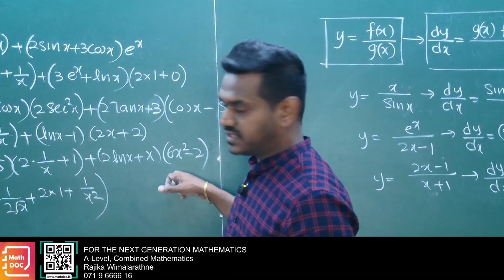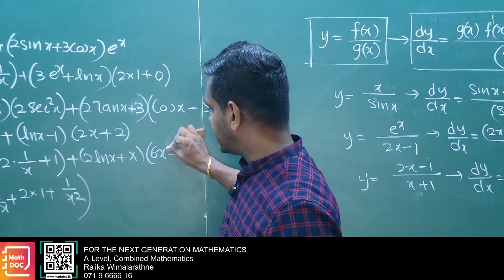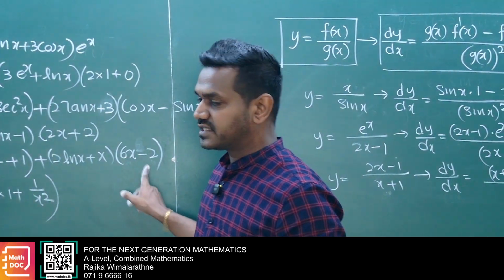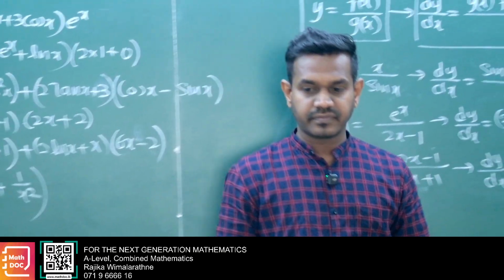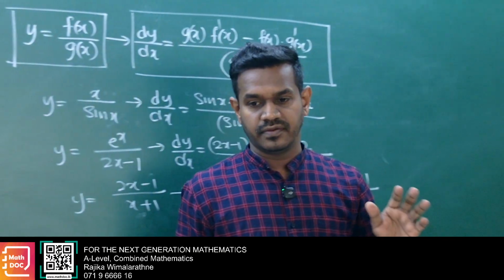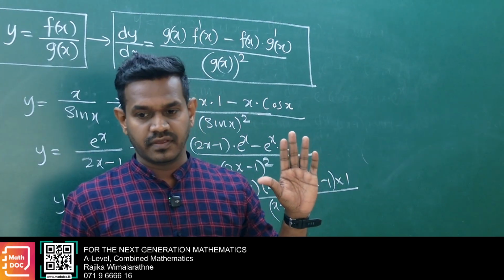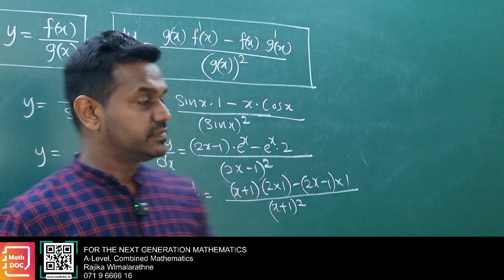Here 6x gone away, 6x minus 2. Okay, right?